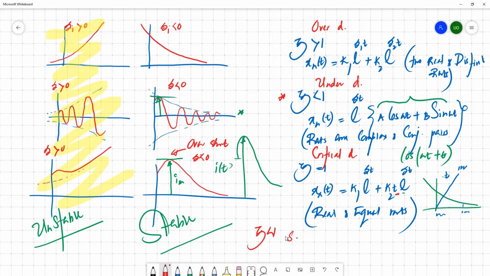Your roots are basically sigma plus or minus j omega. There may be two scenarios, where one is the sigma not equal to 0 case.